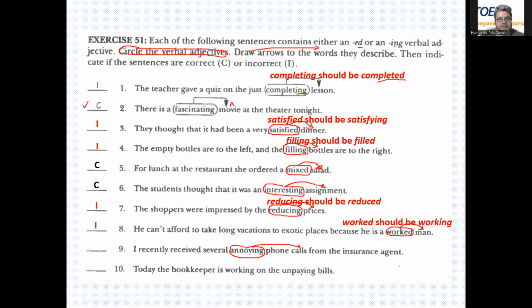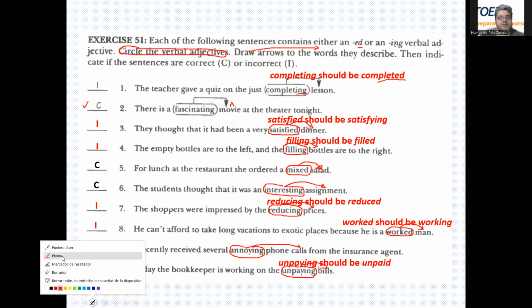So yes, they are annoying. An active meaning. And today the bookkeeper is working on the unpaying bills. Right. The bills are paid, so they should be the unpaid bills, not the unpaying bills, more passive than active meaning. So yeah.